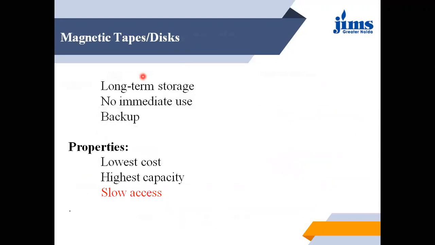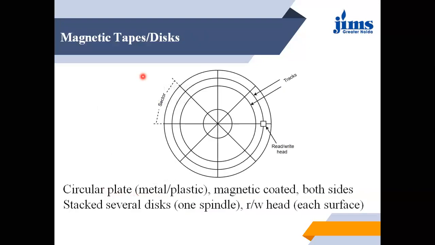Then in the last we discussed the magnetic tapes or magnetic disks, that is secondary memory. We discussed the advantages, properties, and disadvantages of secondary memory.